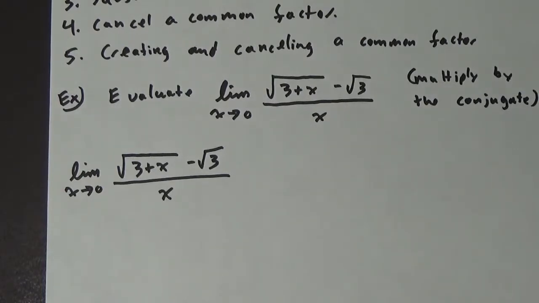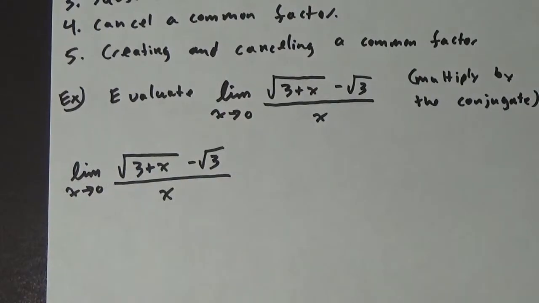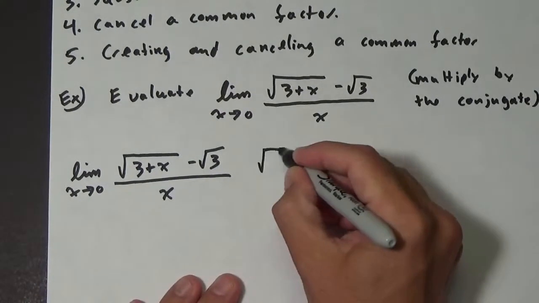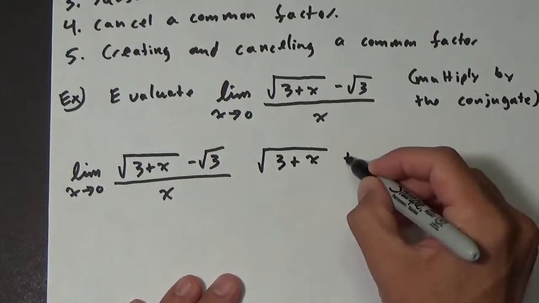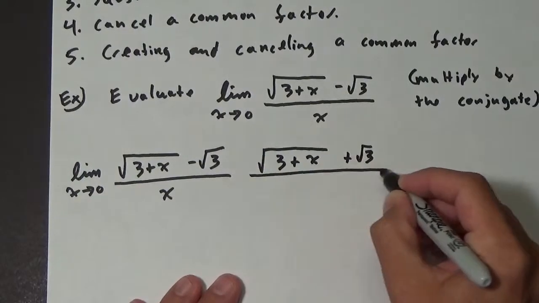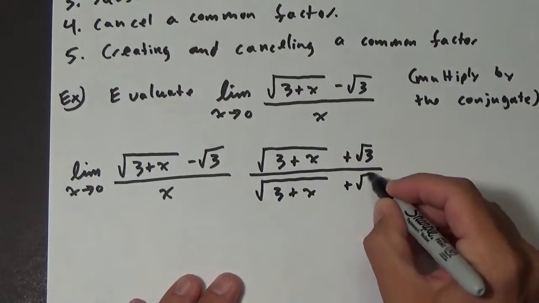This is a common one used when we have radicals. So we're going to multiply by the conjugate of this binomial part: the square root of 3 plus x plus the square root of 3, all over the square root of 3 plus x plus the square root of 3.